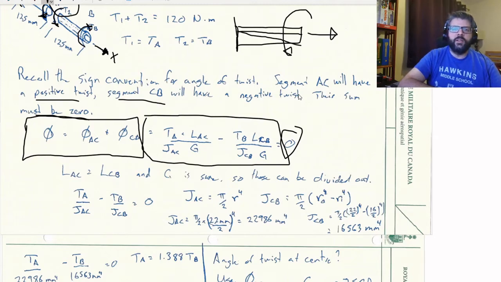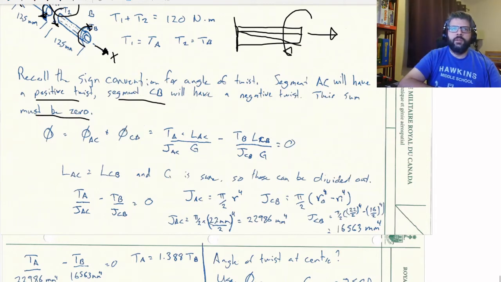So since we got this equation here that's equal to 0, and we know that the lengths are the same, 125, 125, we can just divide by 125 millimeters and cancel those out. We can multiply by G to cancel those out.